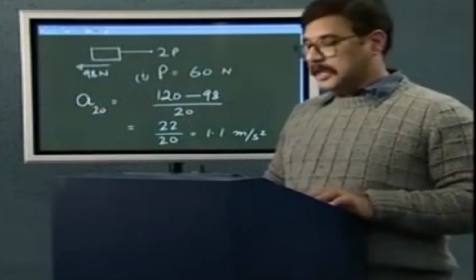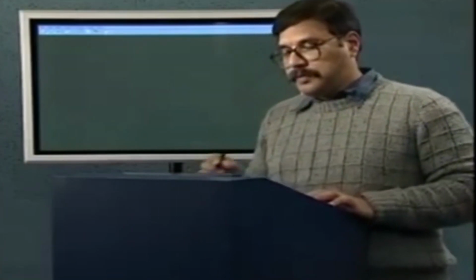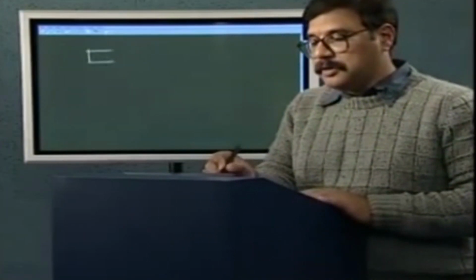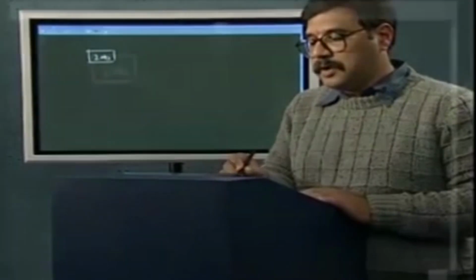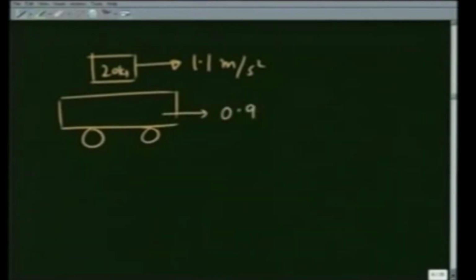And therefore, in this case, the two masses, the 20 kg mass and the trolley, are going to have different accelerations. This is going to move with 1.1 meters per second square, and this is going to move with 0.98 meters per second square, and they are going to slip on each other.